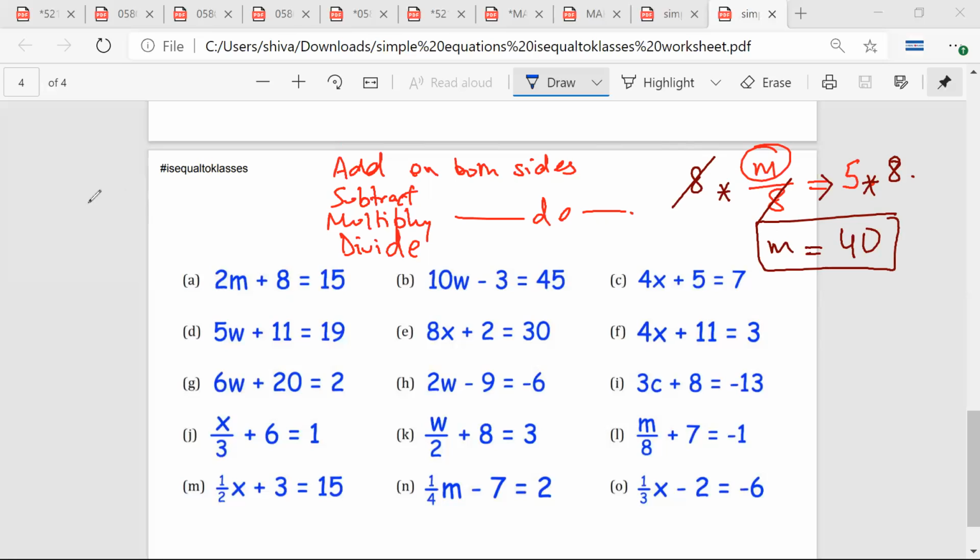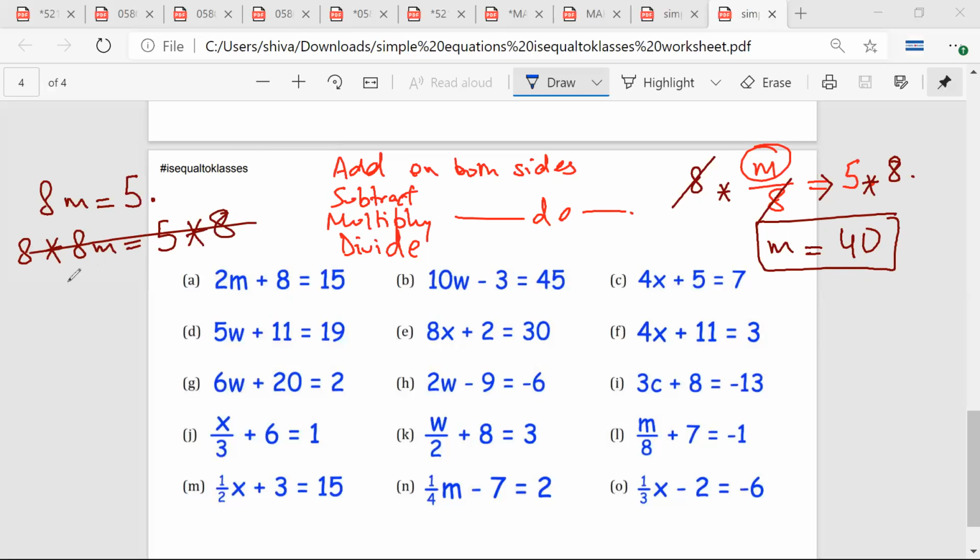So for example, if I have 8m is equal to 5, then what should I do? Then you are going to have to multiply 8 on both sides. Beta, if I multiply 8 on both sides... Okay, so sorry, divide it.